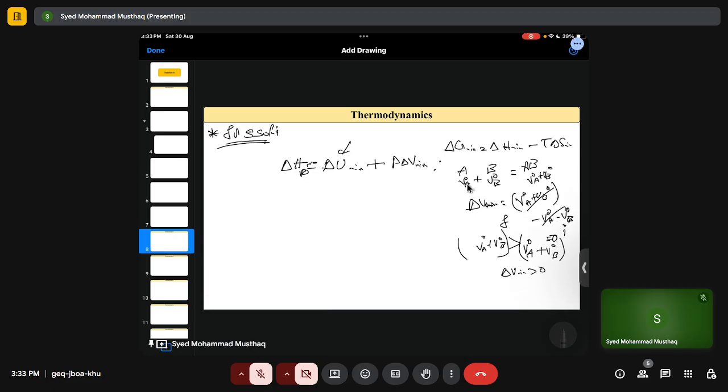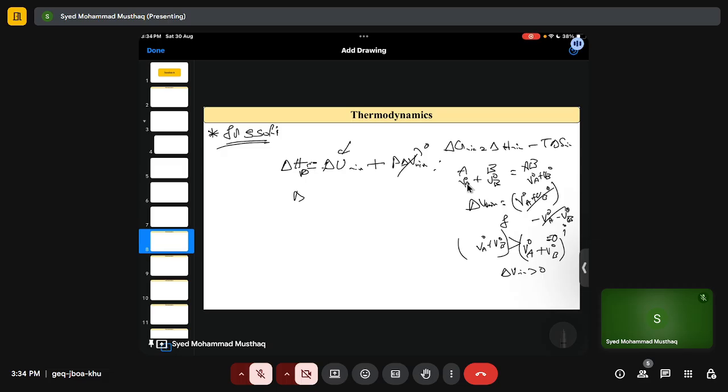So if two types of elements are combining to form an alloy and there is a change in volume, then delta V mix can't be 0. If you are solving for that, then we need to consider this also. But for now, let's say the volume is not changing on mixing. So this term goes to 0.